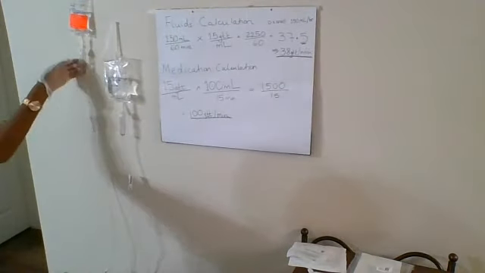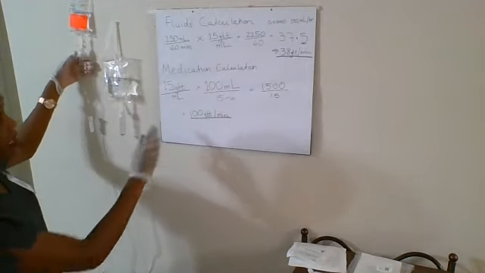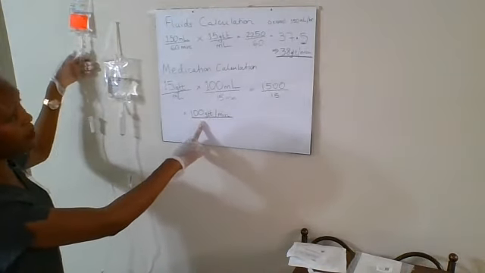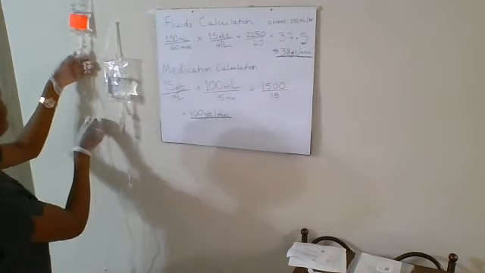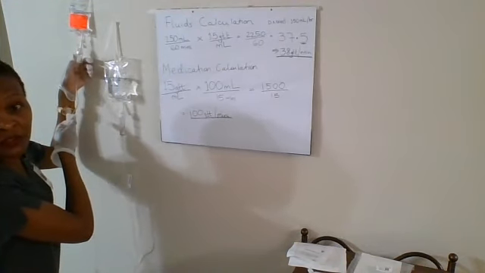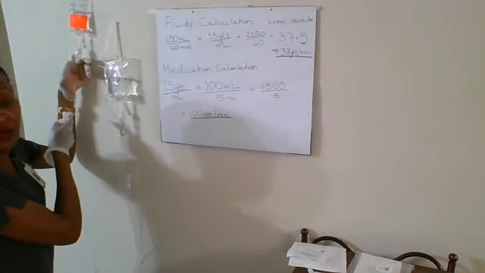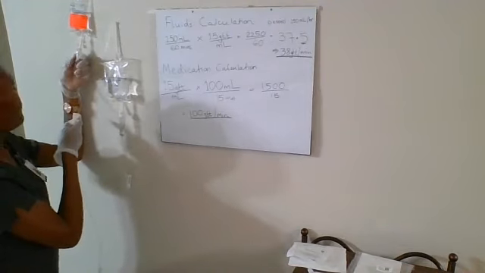I'm going to go to my piggyback, and remember I have 100 for my medication. I calculated 100 drops a minute. So I'm going to start working with my clamp here, and I'm going to count for a full minute, 100 drops, titrating with my roller clamp.